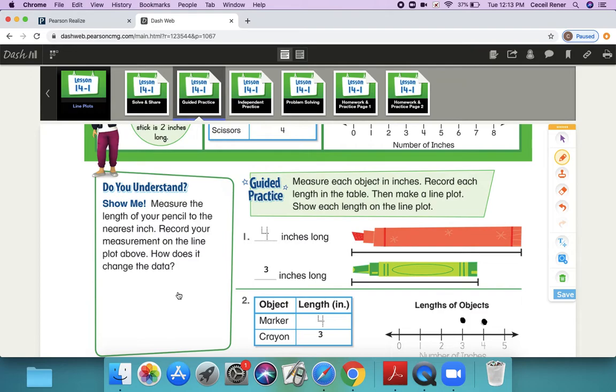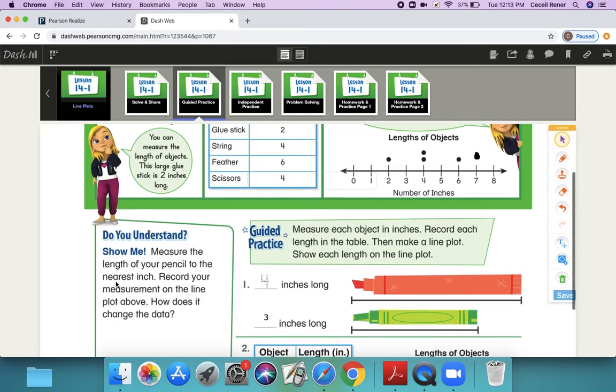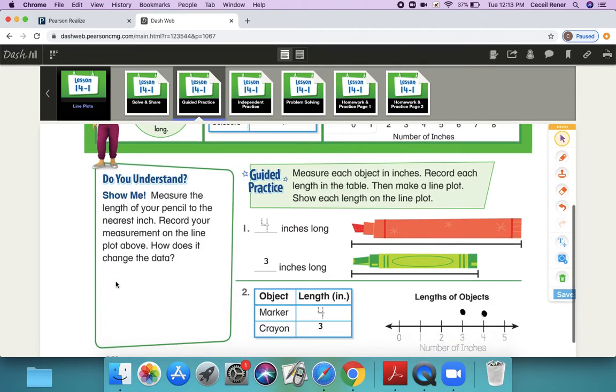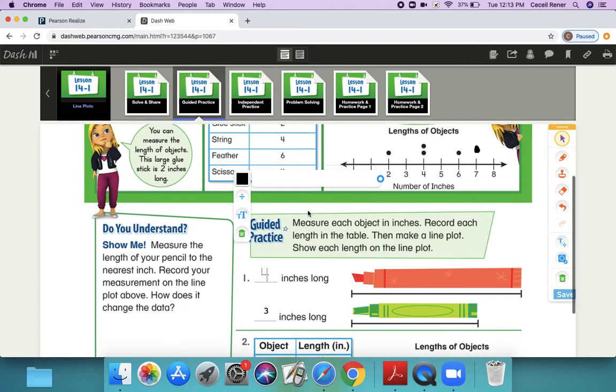Now, how does it change this? How does it change my data? Well, now it changes it. It says now the pencil is the longest object.